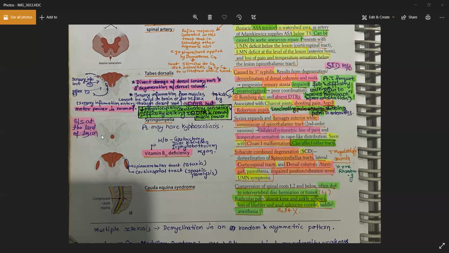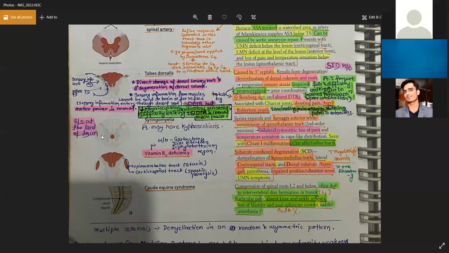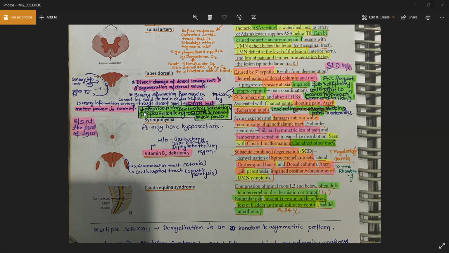Basically they will burn their hand while cooking food recurrently, and they won't notice it until they see it with their eyes, right? That kind of history the patient will present. You will think about syringomyelia. Damage to the anterior white commissure of the spinothalamic tract, you will have a bilateral symmetric loss of pain and temperature.